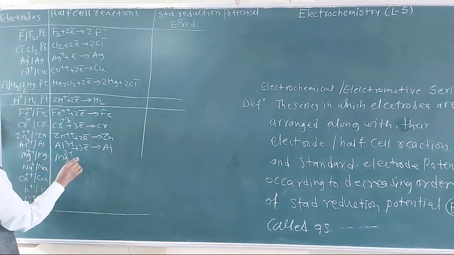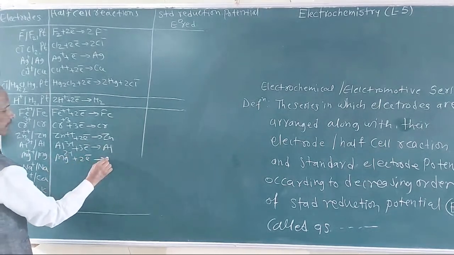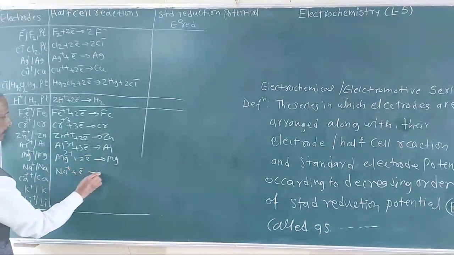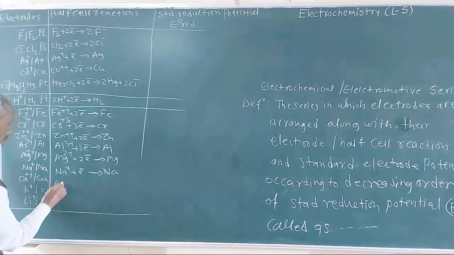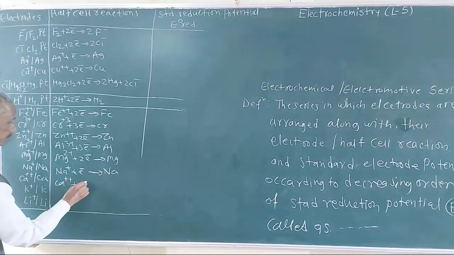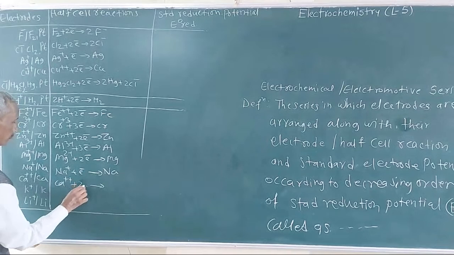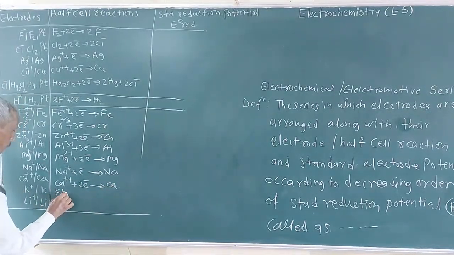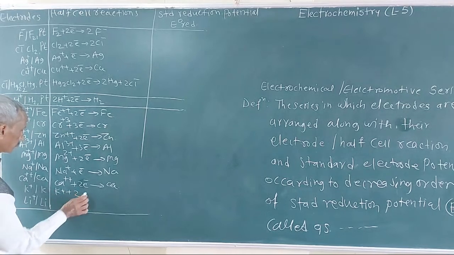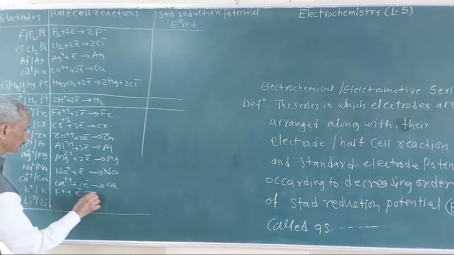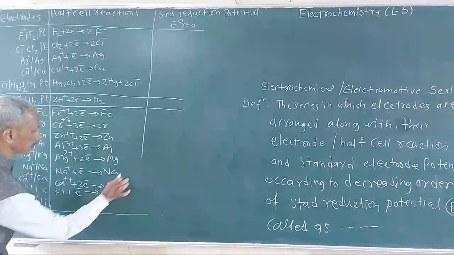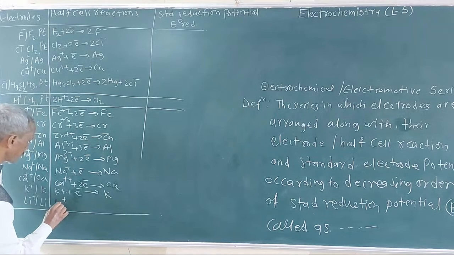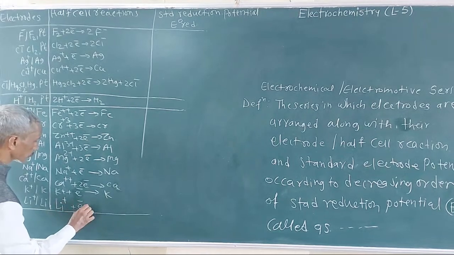Similarly, the magnesium electrode, sodium electrode, calcium electrode, potassium electrode, and the lithium ion absorbs 1 electron.